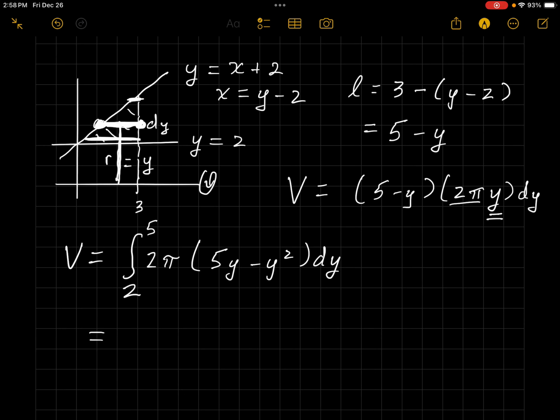Then we can do the antiderivatives. I'll pull that 2 pi outside and integrate from 2 to 5.